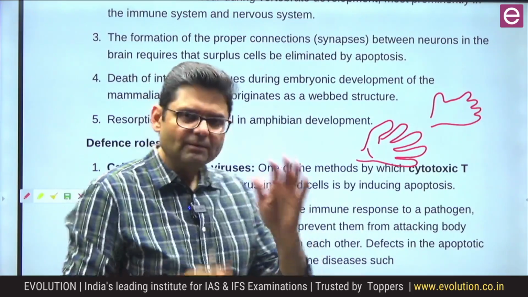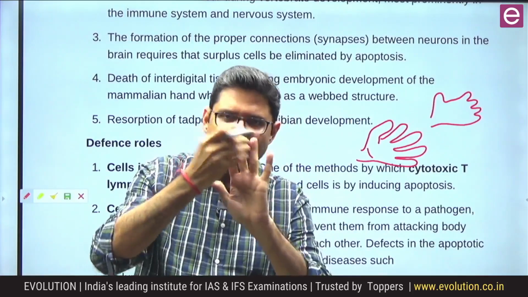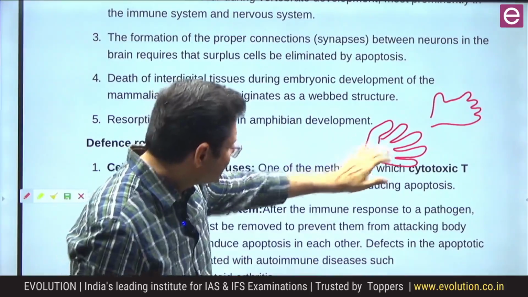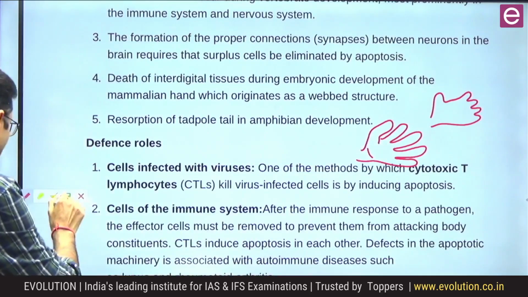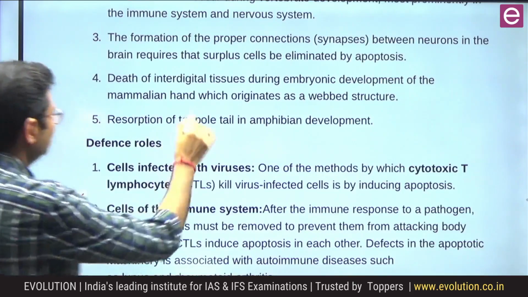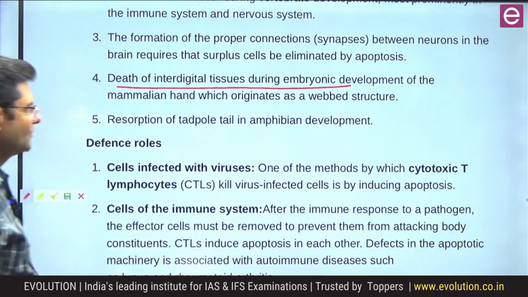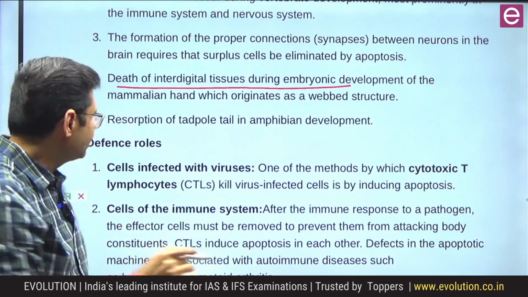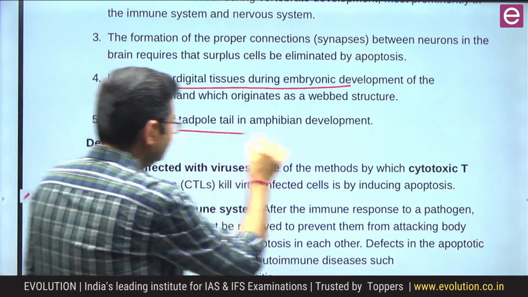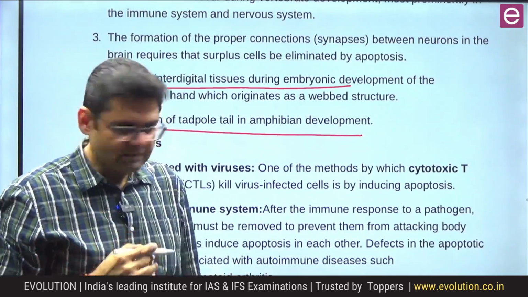So what has happened? Between the digits, the tissue which was present got liquidated, so that the fingers are free. And who causes this? Death of interdigital tissues during embryonic development. And during amphibian development, the tail resorption is an apoptotic process.